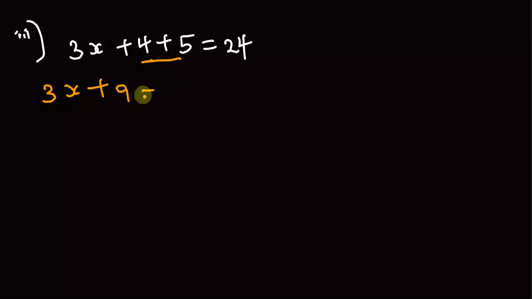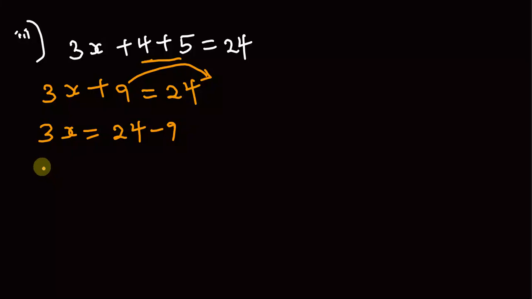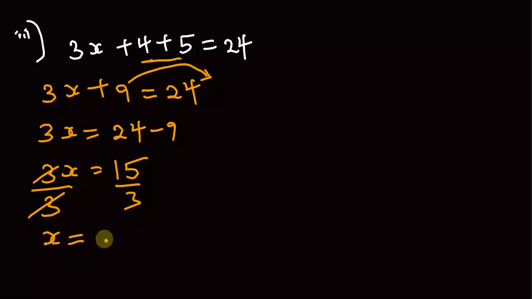So plus 9 is equal to 24. This will be 3x is equal to 24 minus 9. 9 crosses the sign. This will be 3x is equal to 24 minus 9, which is 15. To get x, we divide both sides by 3, so that when we simplify, the value of x will be 5.